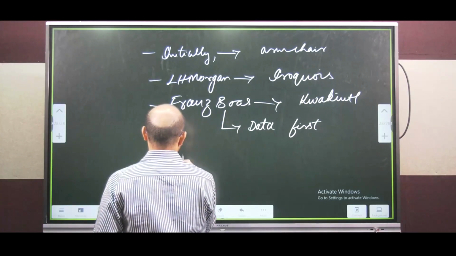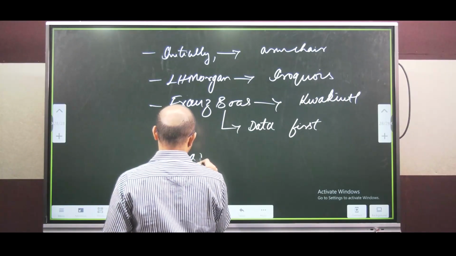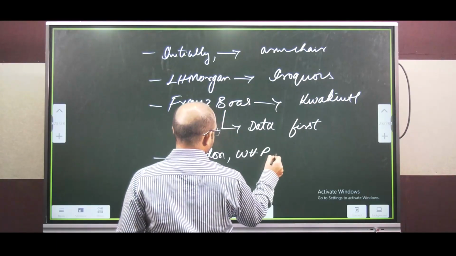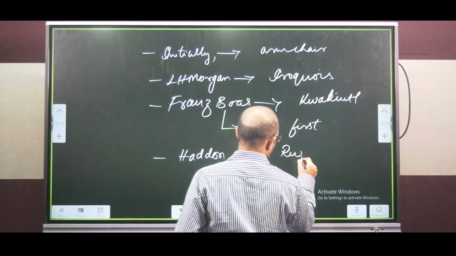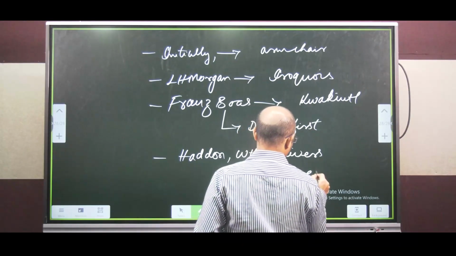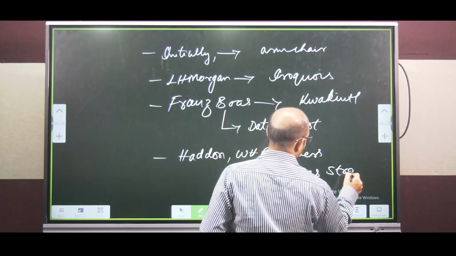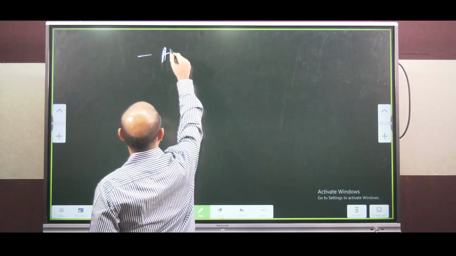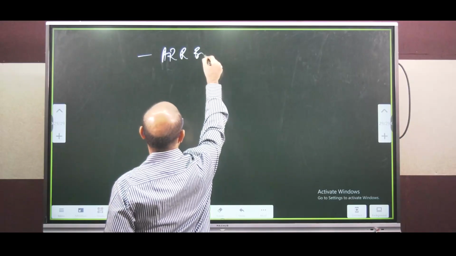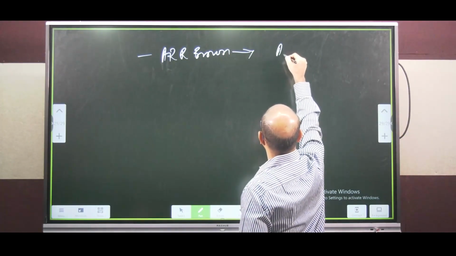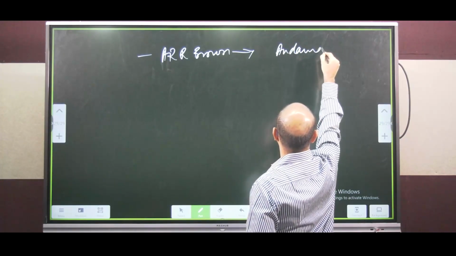After Franz Boas, you had Haddon and W.H.R. Rivers, who took an expedition to the Torres Straits, and fieldwork finally. And then you also had A.R. Radcliffe-Brown, who did fieldwork among the Andaman Islanders.